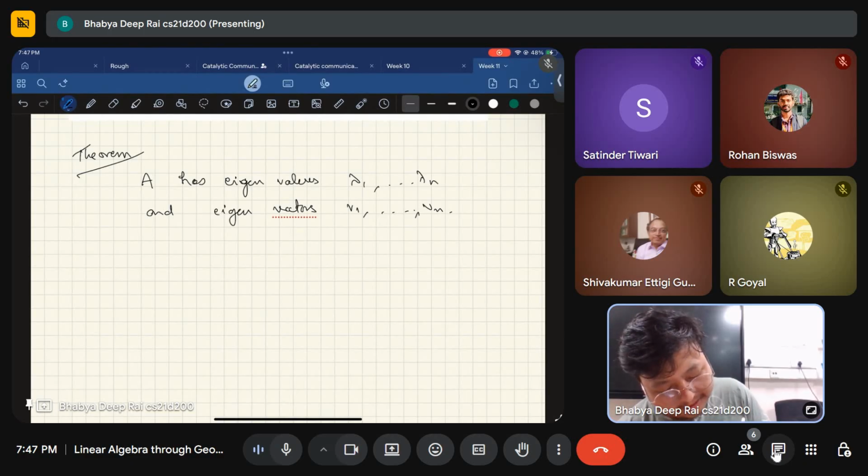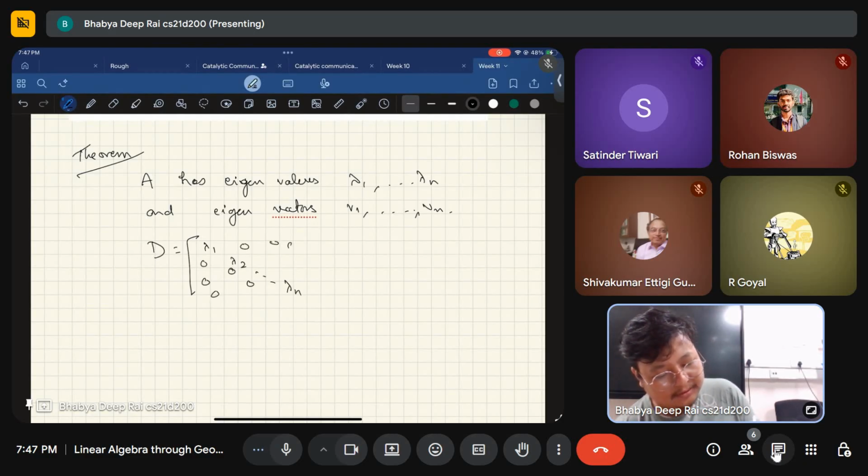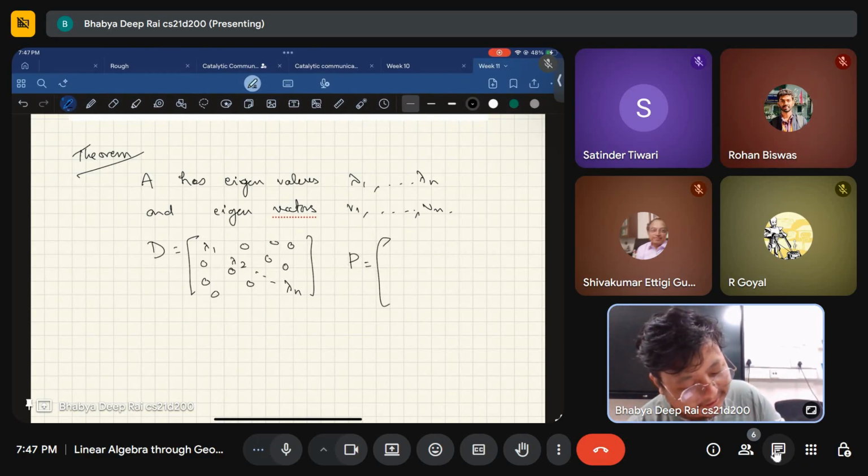What I'll do is assume D equals lambda 1, lambda 2, and so on till lambda n, and I'll assume P to be the matrix whose columns are v1, v2, and so on till vn.